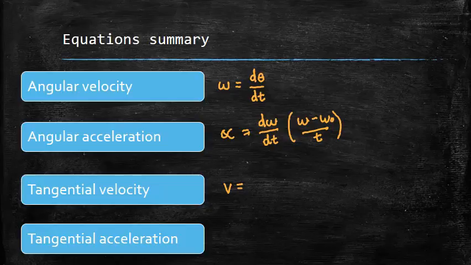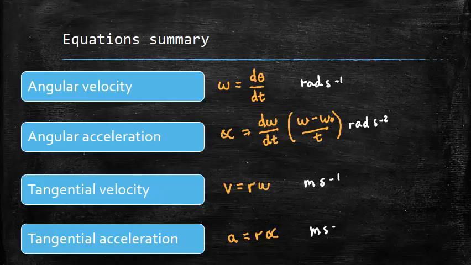Tangential velocity we've shown is dependent upon angular velocity, v equals r times omega. Tangential acceleration, a, is also dependent on angular acceleration, a is equal to r alpha. In terms of units, angular velocity is in radians per second, angular acceleration in radians per second squared, meters per second for tangential velocity because it's in a straight line, and meters per second squared for tangential acceleration.